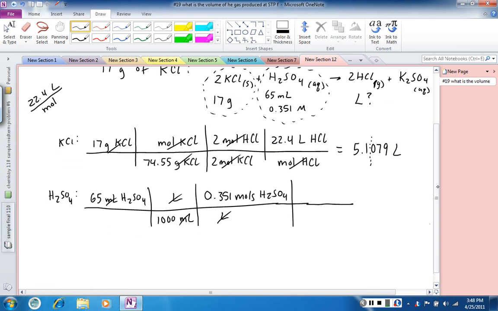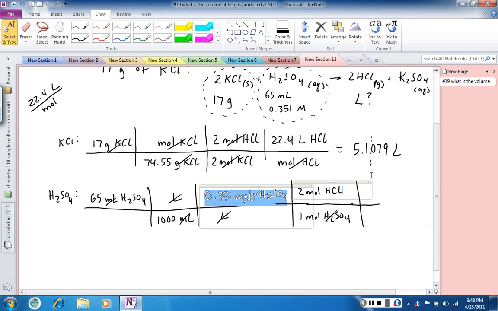Sorry about that. Our ratio, 1 mole of H2SO4 will make 2 moles of HCl. And now our last step is the same as it was above, 22.4 liters per mole.